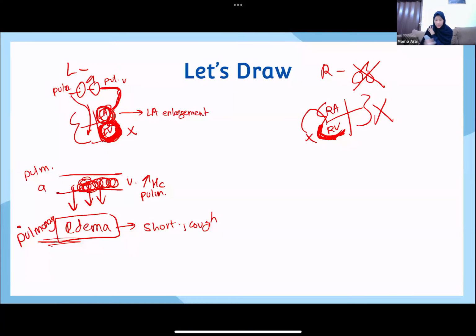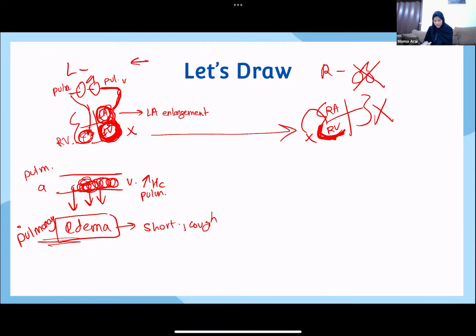Okay, so let's focus on the left side. If the left side is failing, you have all these symptoms. Sometimes, if it's worse, it can go back to the right ventricle and cause right heart failure. Because if it goes from the lungs to the right ventricle again, that means your right ventricle is now failing also, and it can cause right heart failure.